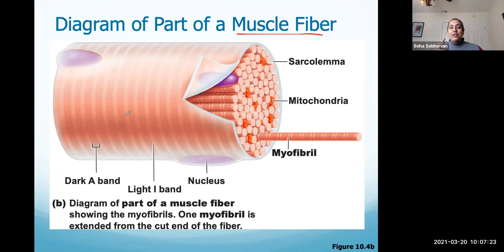If you don't have this organization, these beautiful stripes, your muscle will not be able to contract. The whole action of muscle contraction originates from this light and dark pattern visible on your myofibrils. And what you see being peeled off right here is your sarcolemma, the plasma membrane of your muscle fiber.